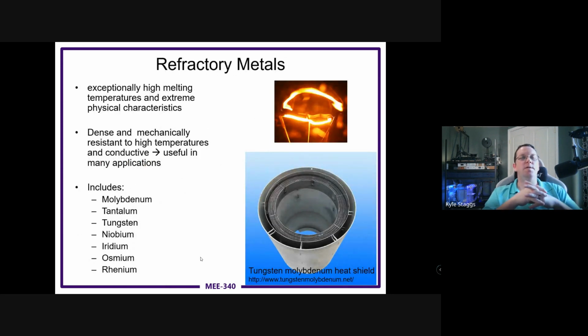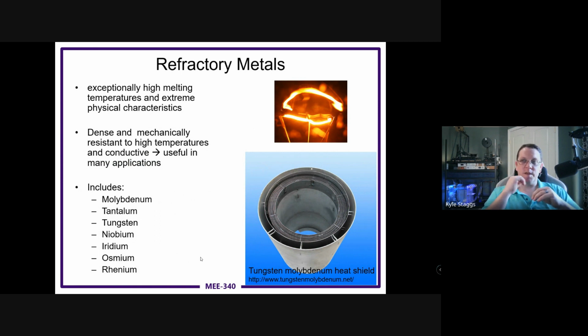The refractory metals, really, really useful in a lot of applications, really high melting temperatures, and extreme physical characteristics. This is why tungsten works in filaments for light bulbs. It's a really impressive material. The mechanically dense and resistant to conduction, corrosion, all those sorts of things.